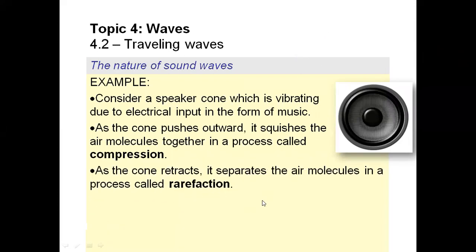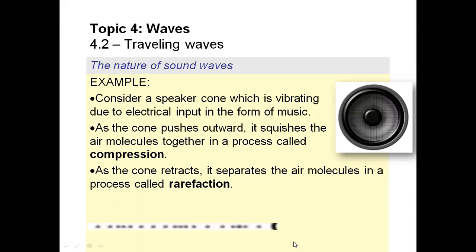So let's continue. As the cone retracts, it separates the air molecules in a process called rarefaction. So in sound waves, we will have compression and rarefaction. Generally in longitudinal waves, we will see these two definitions, compression and rarefaction.